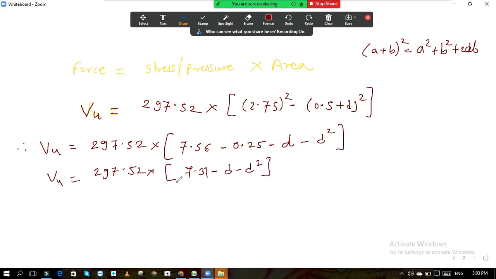So multiply inside, so that we will get one equation. Therefore Vu is equal to, if I multiply this 7.31 with 297.52, then it is 2174.87.